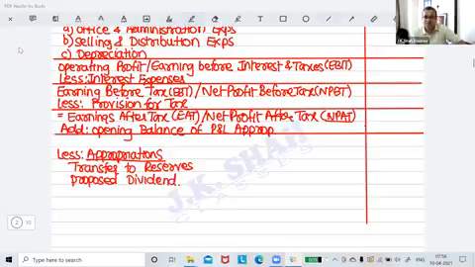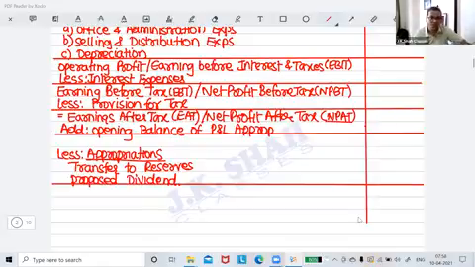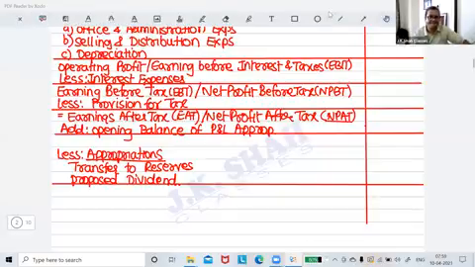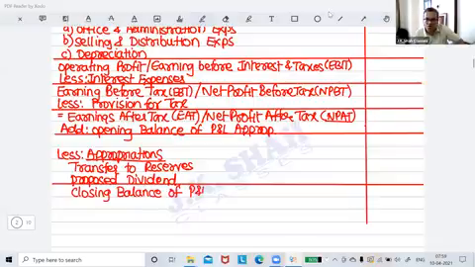Correct. Then you take the total of this appropriation and subtract, then what is left is ultimately the balance which will carry forward, right? So what will be left will be the closing balance of profit and loss appropriation.